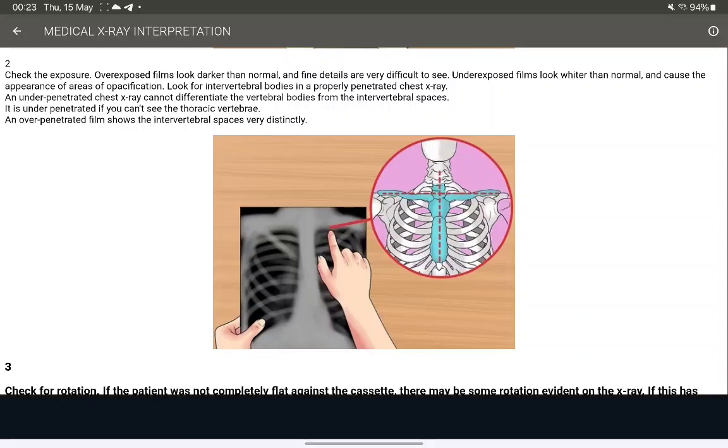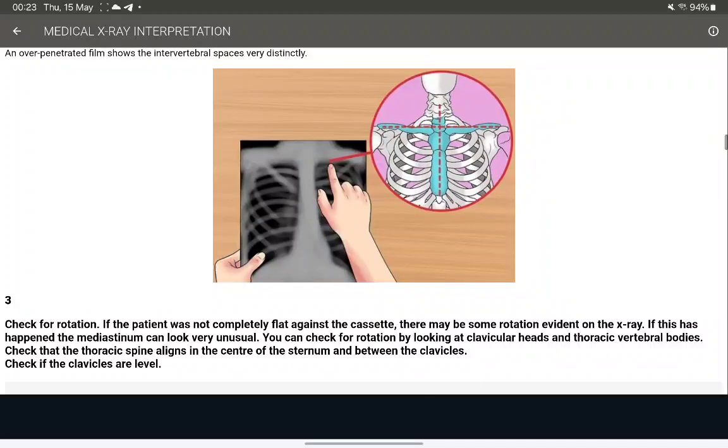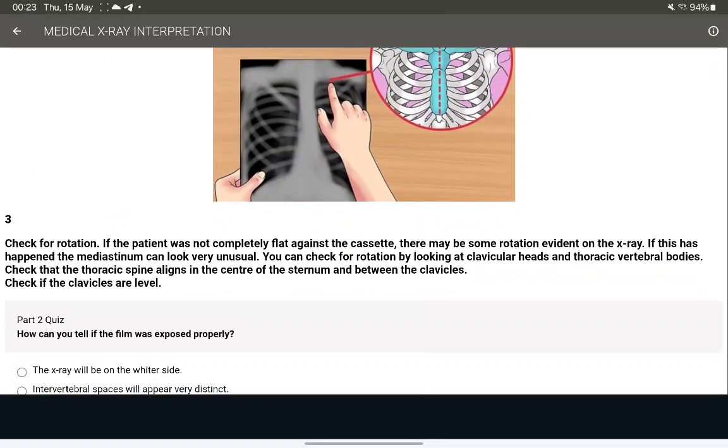It is underpenetrated if you can't see the thoracic vertebra. An overpenetrated film shows the intervertebral spaces very distinctly. So we use the spine in chest X-ray to make sure if it is underpenetrated, well-penetrated, or overpenetrated. It should be well seen without details of the disc spaces.